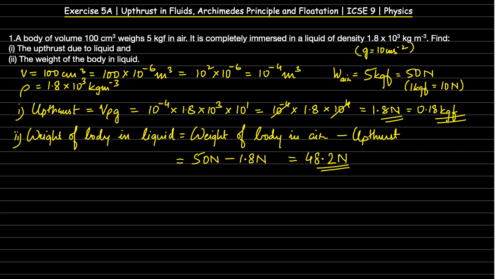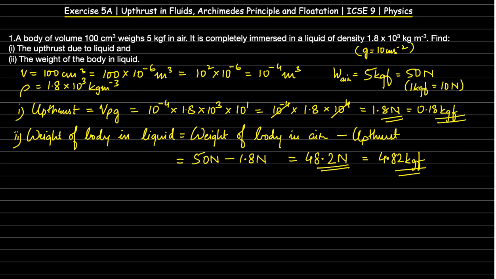So that would be our answer for the second part. Or if we wish to convert it to kgf, we divide by 10 and we get it as 4.82 kgf. So these would be our answer for this question. Hope you guys have understood this.